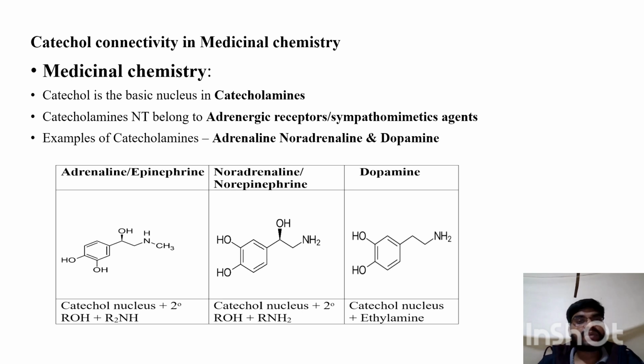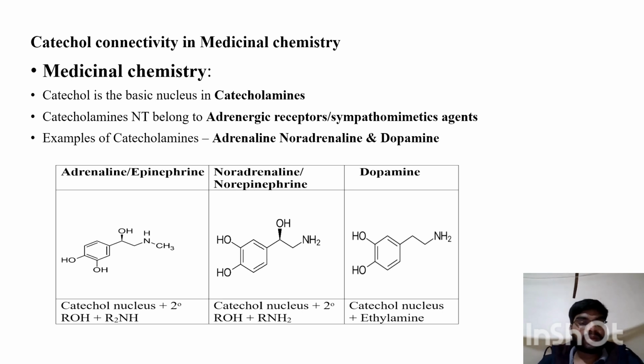Catecholamines are neurotransmitters that belong to adrenergic or sympathomimetic agents, which mimic the actions of the sympathetic system. Examples of catecholamines are adrenaline, noradrenaline, and dopamine. These are the structures of adrenaline, noradrenaline, as well as dopamine.